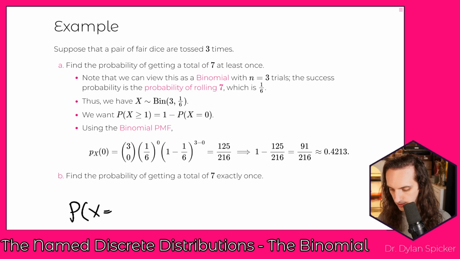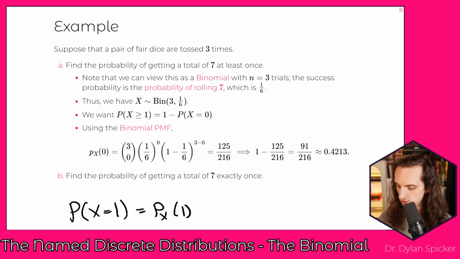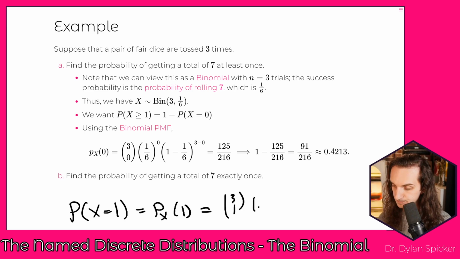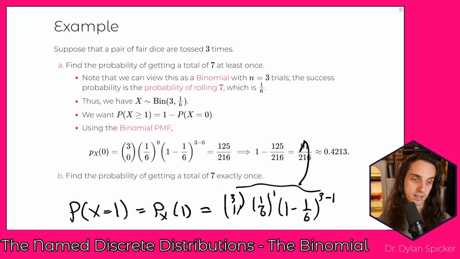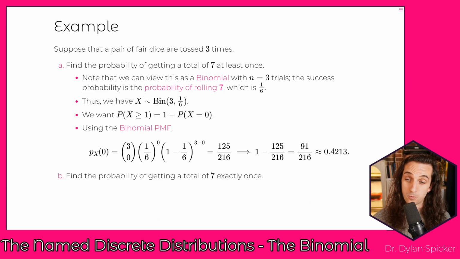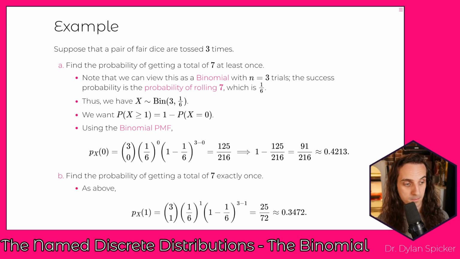That's exactly what we want, which, in our case, we already know the distribution of X is binomial, and so that's just P_X of 1, so that's 3 choose 1 times the probability here, 1 over 6 to the power of 1, times 1 minus 1 over 6 to the power of 3 minus 1.